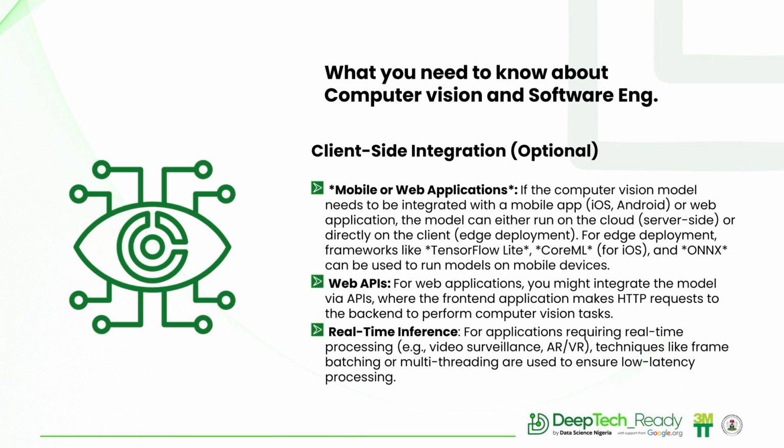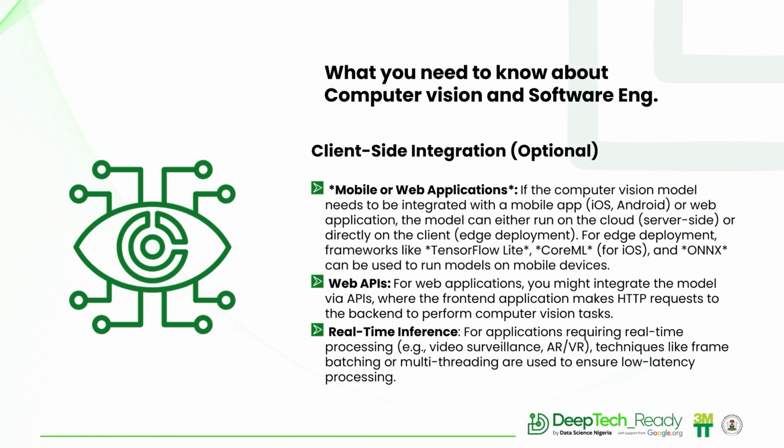If the computer vision model needs to be integrated with a mobile app, that is an iOS or an Android app, or a web application, the model can either run on the cloud, that is the server side, or directly on the client. When we talk about client, it basically means the user that is on the mobile phone. When we say cloud, it basically means where your deployments are on a remote server.